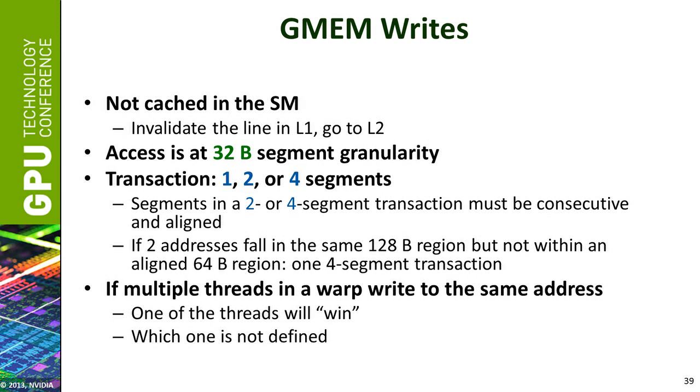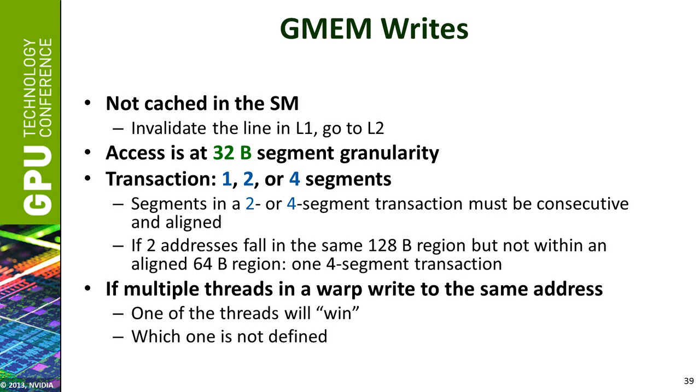Okay, so first we'll look at global memory writes, which do go through the L1 path. Writes are really simple. We don't cache writes in L1 at all, or anywhere on the SM. So writes do get cached in L2, nowhere else. And if there's a corresponding cache line in the L1 cache, a write will invalidate that line and then go straight to L2.